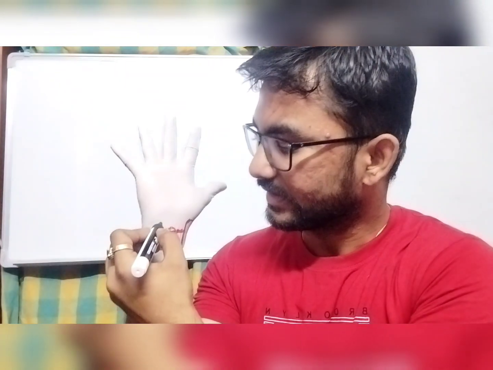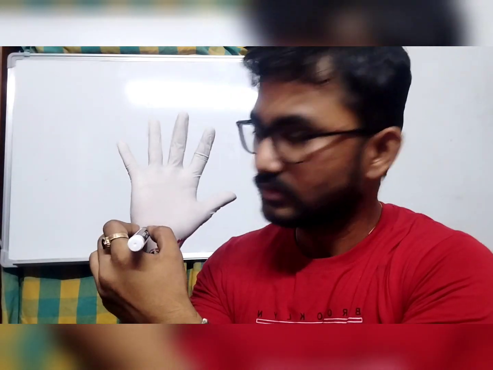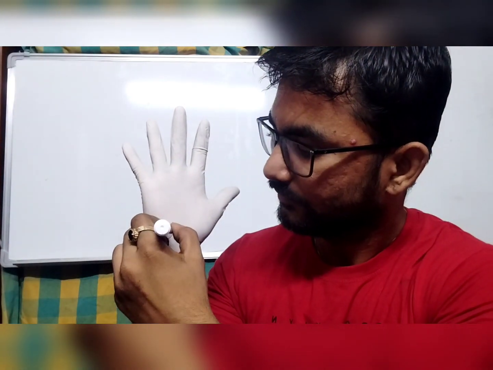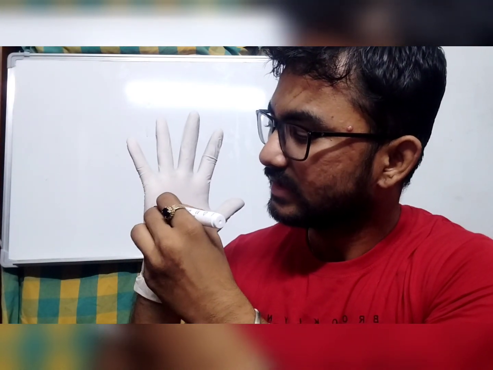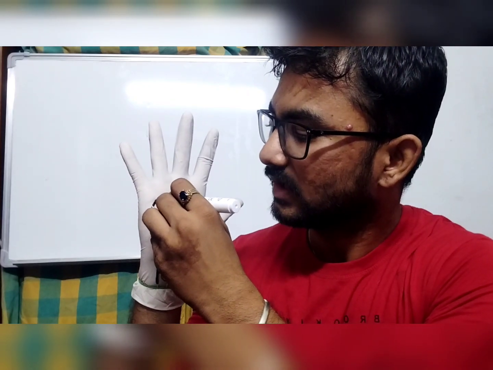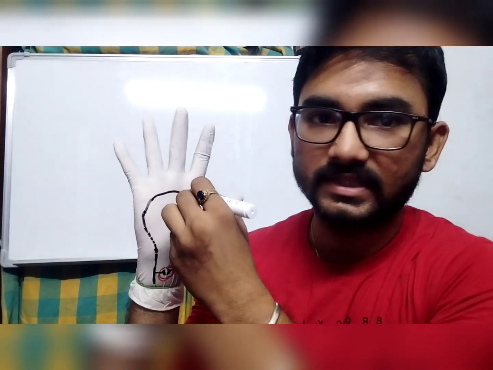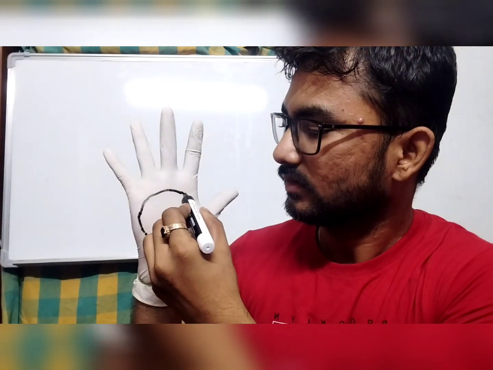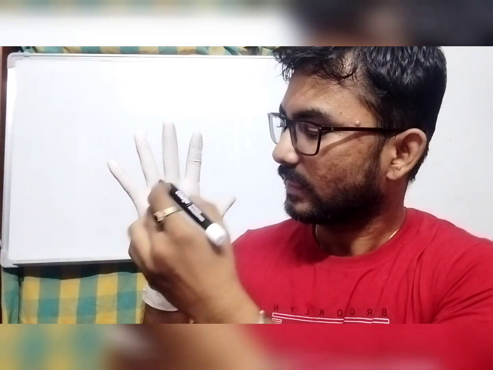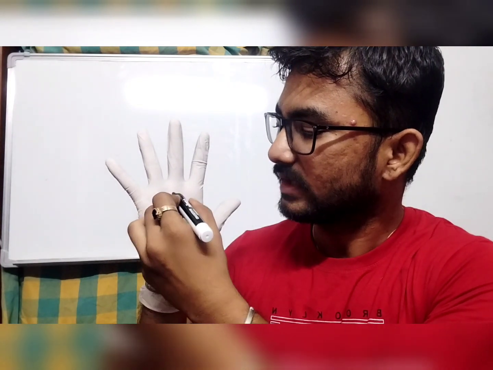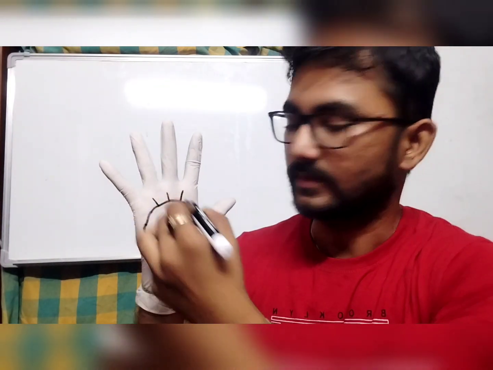This ulnar artery enters the hand on the palmar surface and then forms an arch, a slight bend. From this arch, it gives three branches: 1, 2, 3.